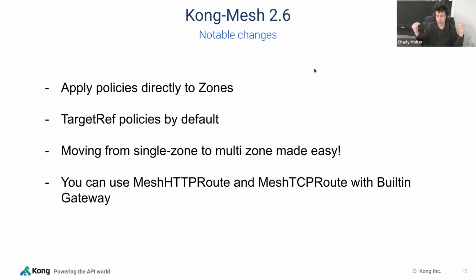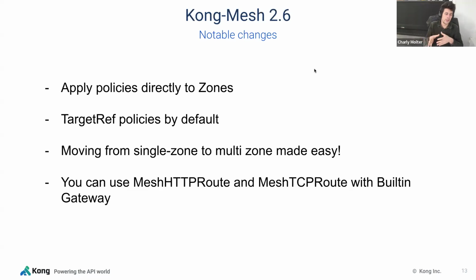Prior to that, when you were in the multi-zone setup, you had to apply policies to global, and then they would propagate down. You can still do that, but now if you want your policy to only impact a single zone, as in your Kubernetes cluster, you can apply the policies directly there. This was a highly requested feature for people that are Kubernetes native and manage their policies in a different way. So for example, they have Argo CD that will apply policies one by one, right?